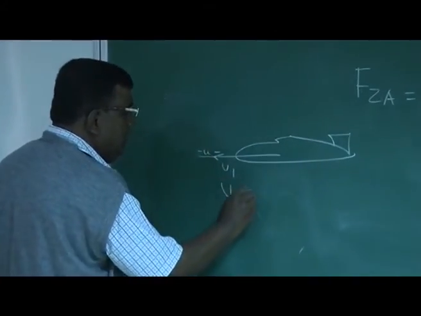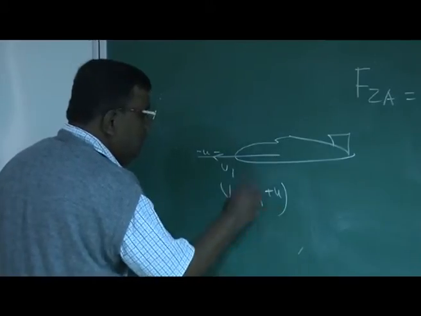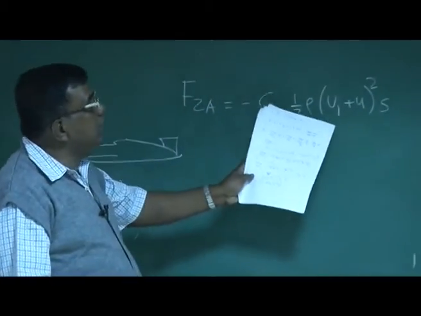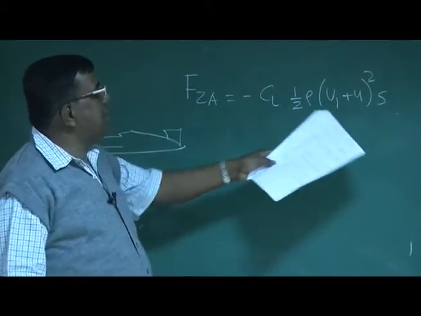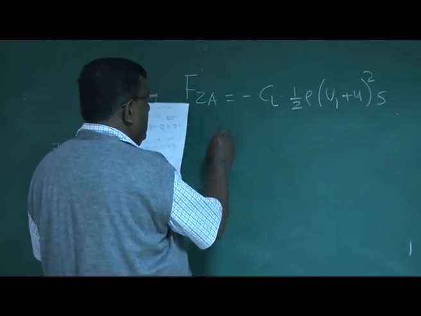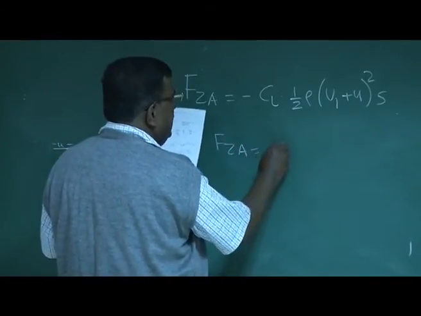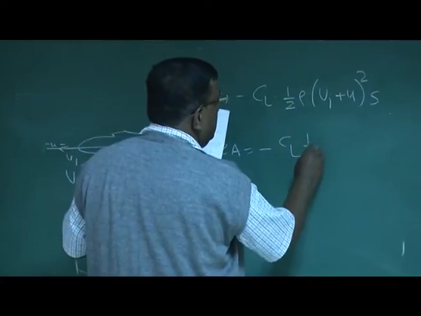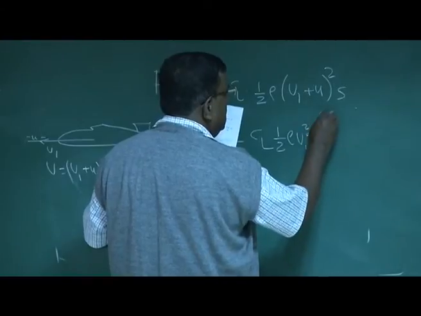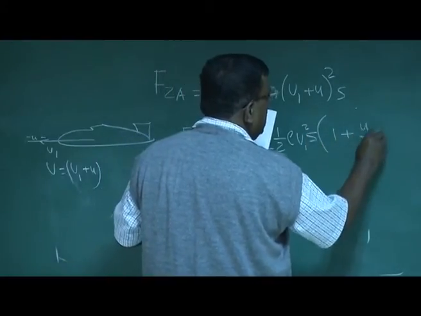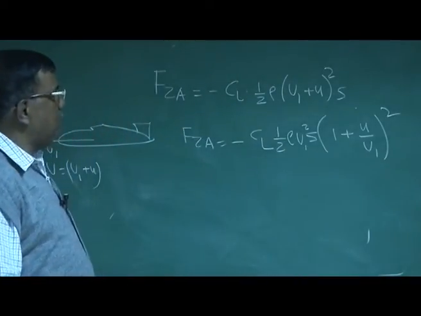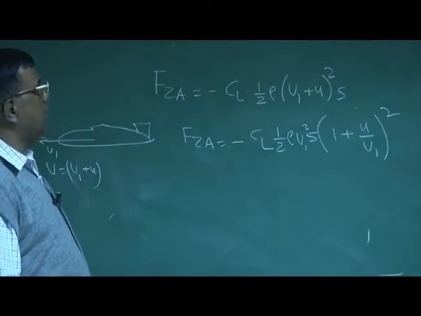The total speed is U1 plus u. So the total force will be half rho V square, which is (U1 plus u) square, S into Cl. So now I write Fza is equal to minus Cl into half rho U1 square S into (1 plus u by U1) square. No problem? Fine.